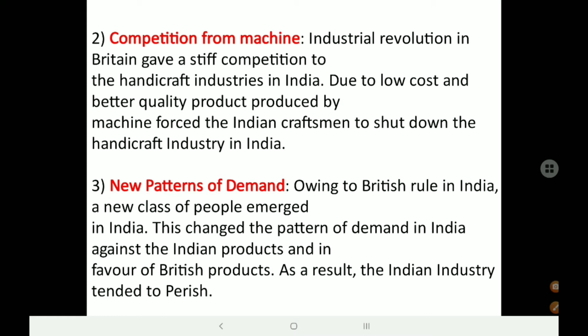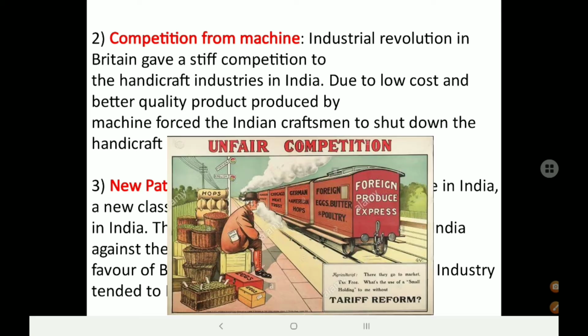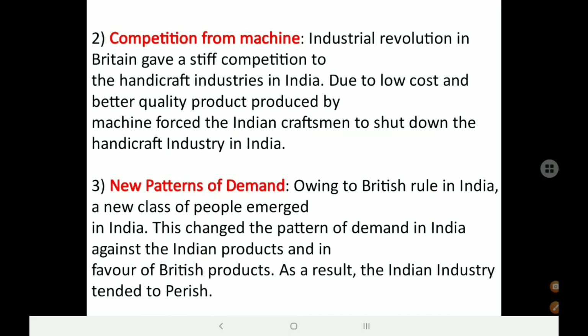Indian-made goods could not withstand the foreign competition of machine-made cheap goods. It encouraged the import of manufactured goods from Britain. Thus, British products were largely demanded and Indian industries tended to perish.